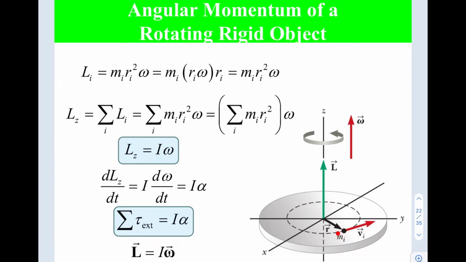The angular momentum for this particular particle mi will be mvr. Remember, v is equivalent to r omega.